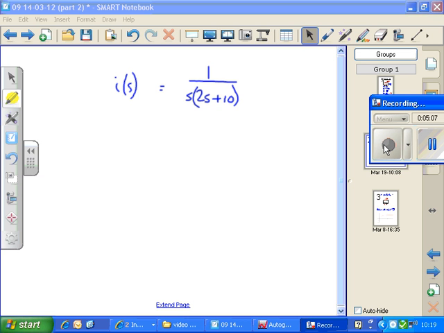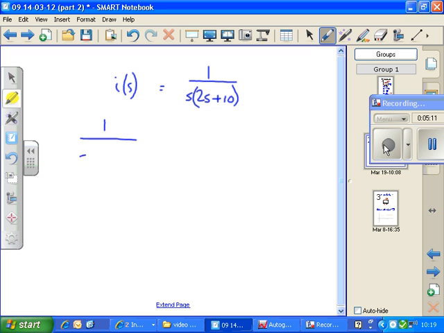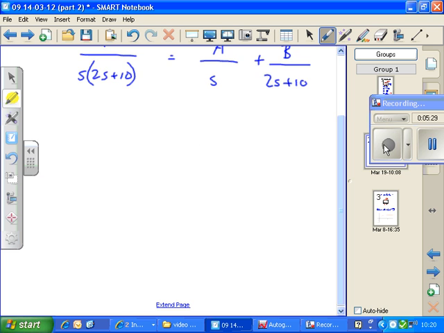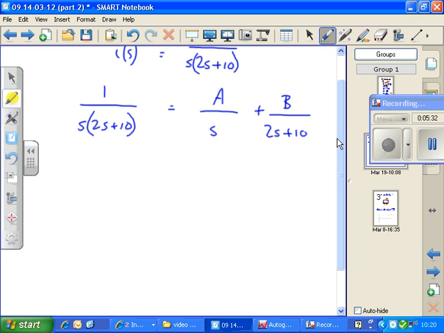So we rewrite this fraction 1 over S into 2S plus 10 as A over S, which is one of the factors, plus B over the other factor, 2S plus 10. Next step is to make the denominators both sides the same.